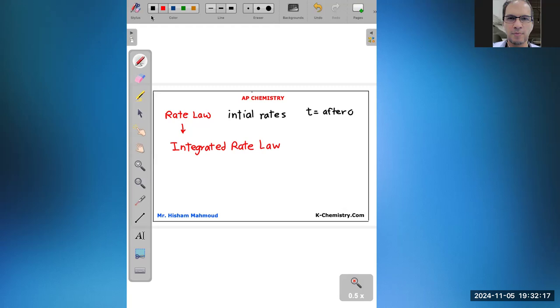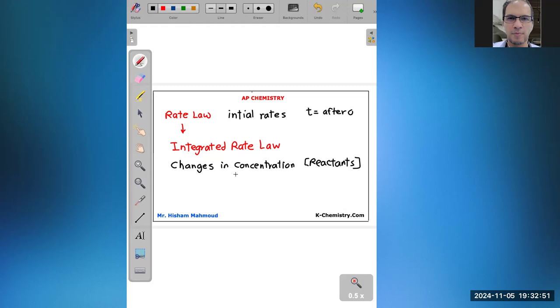It will tell me what will happen to the rate of the reaction according to the changes in the concentrations of the reactants through the whole reaction. And in order to do this, we will need to do differentiation using math, but we'll try to keep this as simple and away from math as much as we can. We'll just get some equations to use and then we'll just apply them.